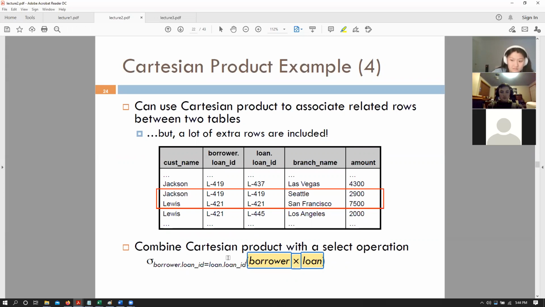In database implementations, our database will not implement this particular expression like this. Given that we know what we are looking for, that is the case where borrower.loan ID equals loan.loan ID, our database would preemptively select rows that are required and only generate Cartesian products for those particular rows.